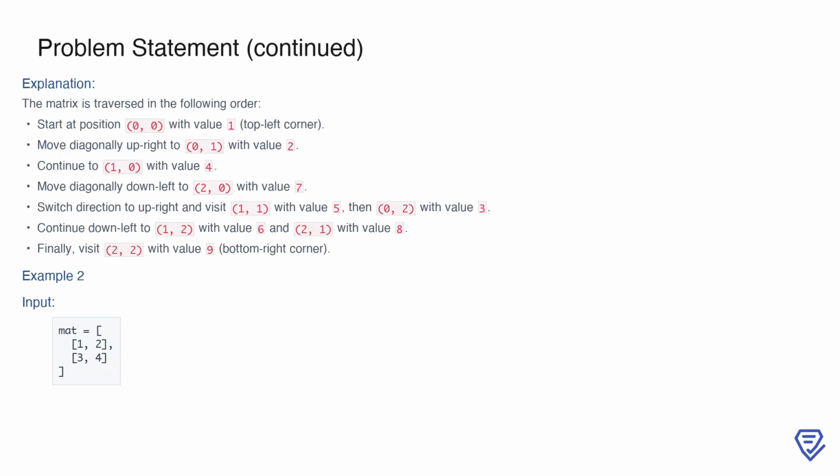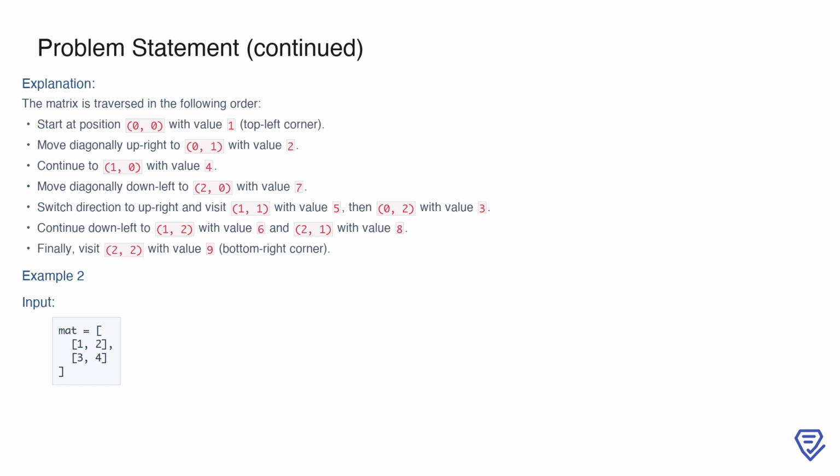Now, let's break down the traversal process for the first example. We begin at the top left corner at position 0, 0, which has the value 1. From there, we move diagonally up-right to position 0, 1, with the value 2. Next, we switch directions and move down-left to position 1, 0, with the value 4, and then continue down-left to position 2, 0, which holds the value 7.